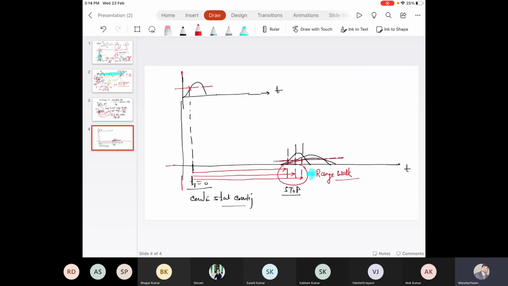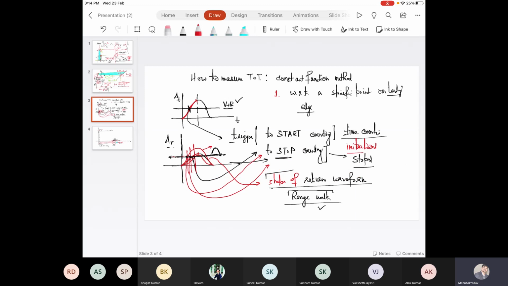But in the constant fraction method, we select a particular threshold level. So this is the threshold level, and this level intersects at a particular time at the rising end.